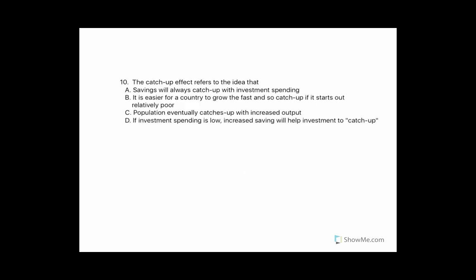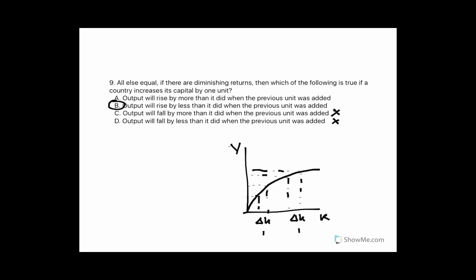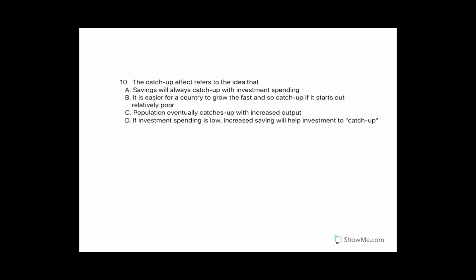Okay, next question says, the ketchup effect refers to the idea that, and for this one I'm going to use the same graph that I used in the previous question, where if I invest a certain amount in capital, it's this diminishing returns thing, right?